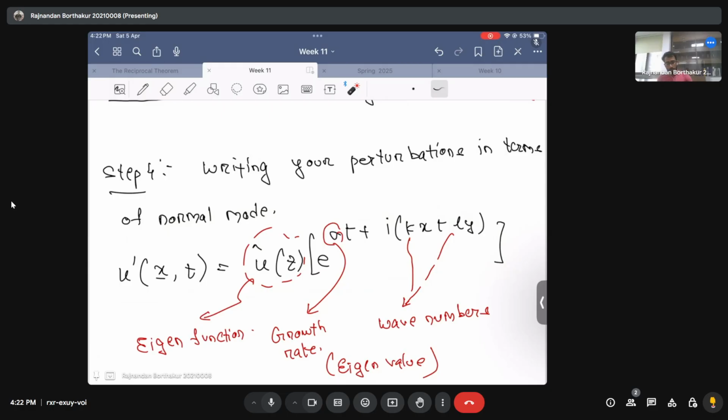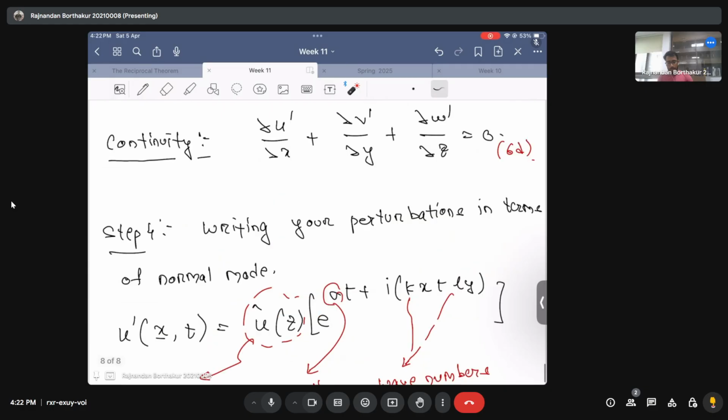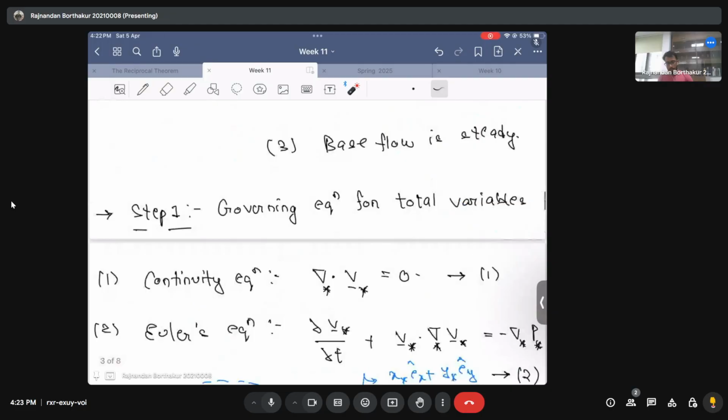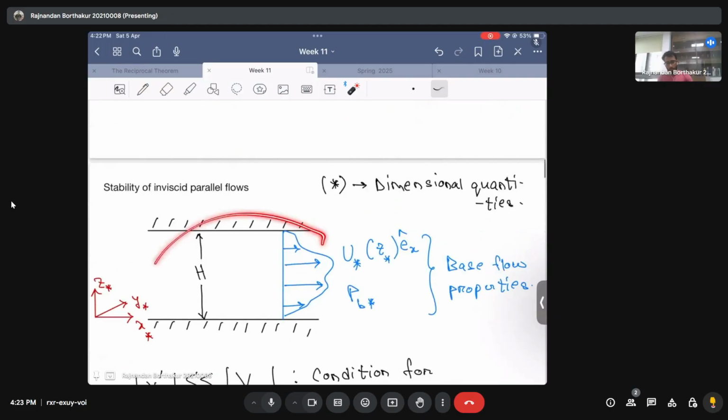The reason why you choose this normal mode analysis is that, in the domain of interest, the justification of choosing normal mode in that particular form is that you walk in the three mutually perpendicular directions, and you see if there is any change in the base flow in that direction.